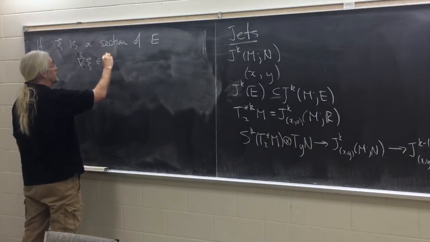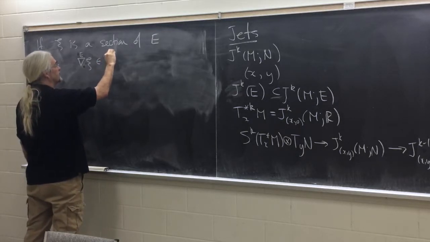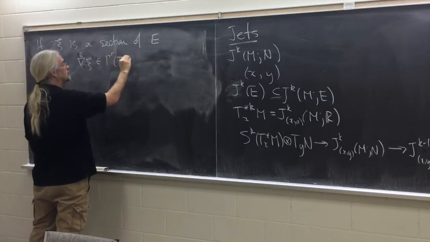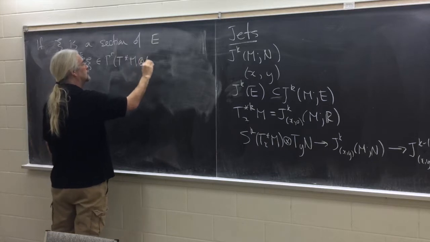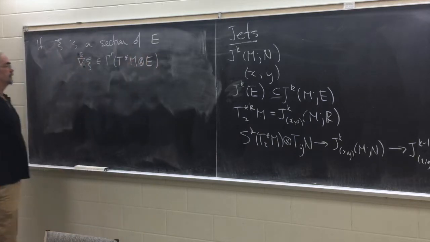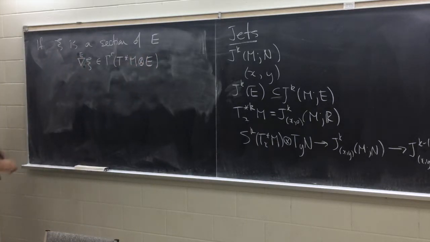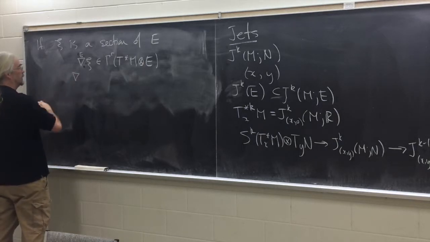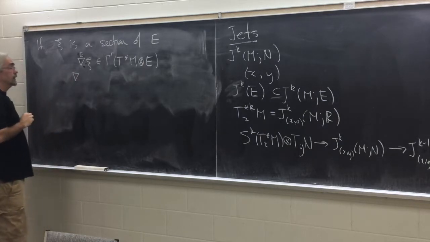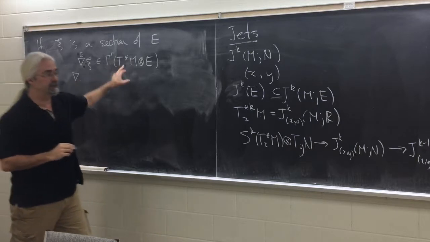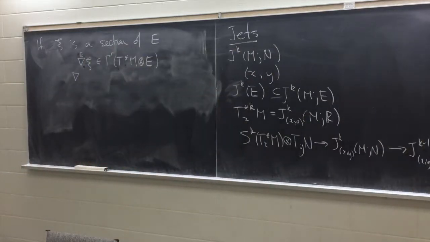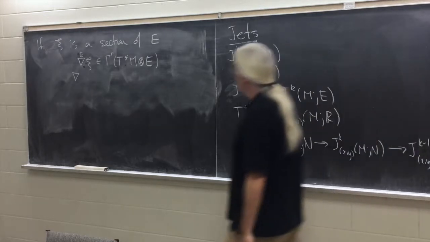So this will be a section of this guy, like that. Then I can differentiate it again, but now I'm going to use one of these nabla K guys, when K equals 1.